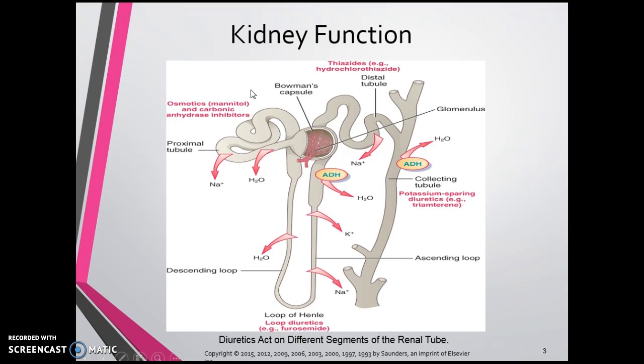So you've got a little diagram here that you can see. It's the setup of the kidneys and everything that's happening, and diuretics that act on different segments of the renal tubes. So you have your thiazide up here, and then over here you have your osmotics.